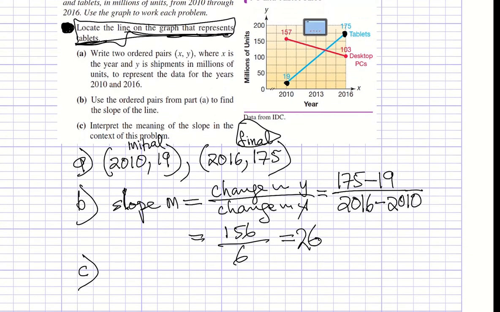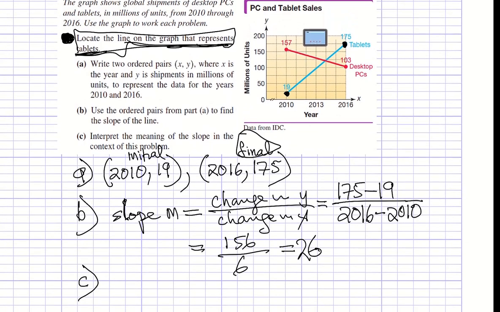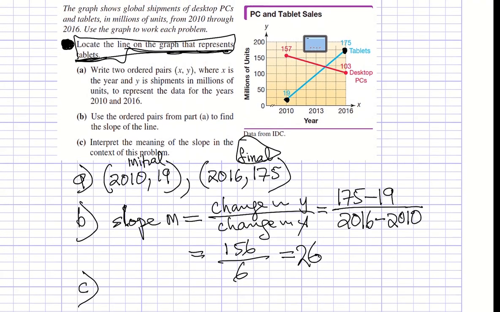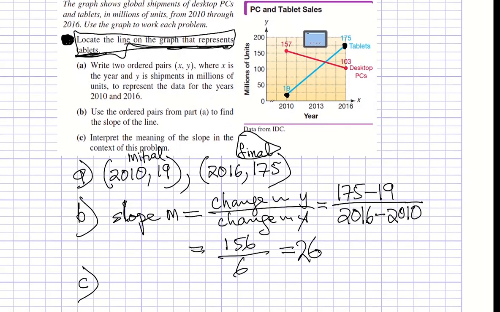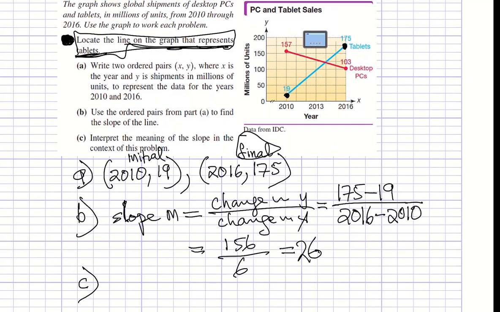So here, the slope means that it increased 156 million units in 6 years. You can even look at the graph and follow; there's a 6 year interval there, right?